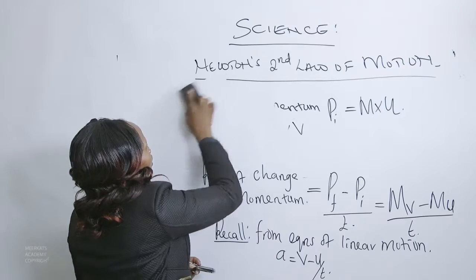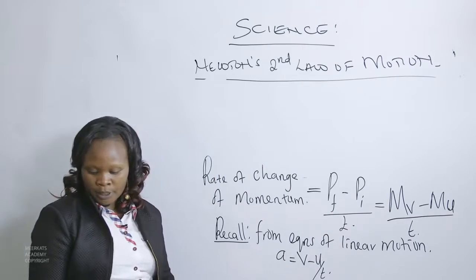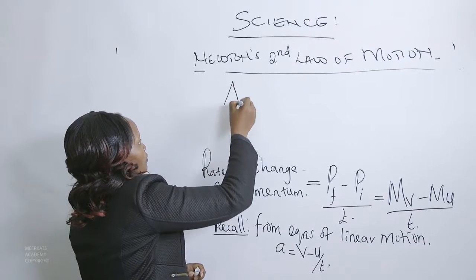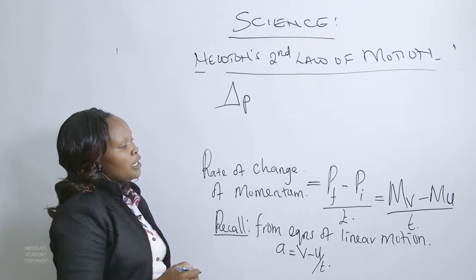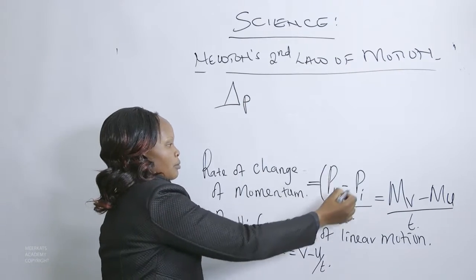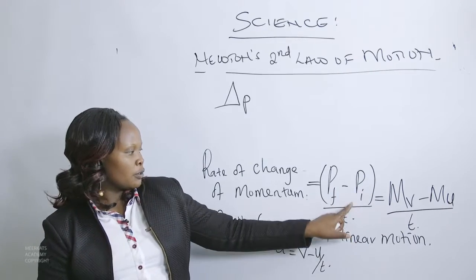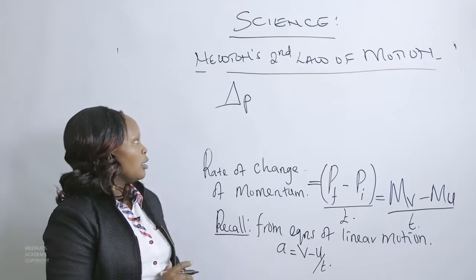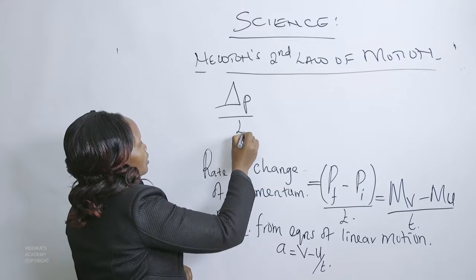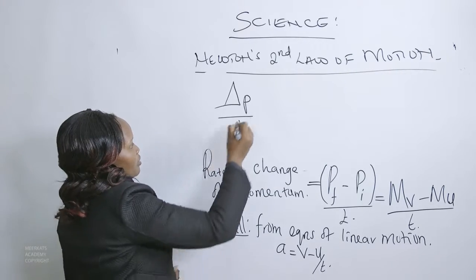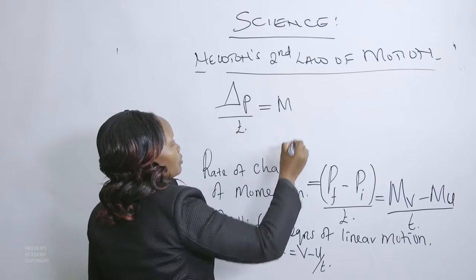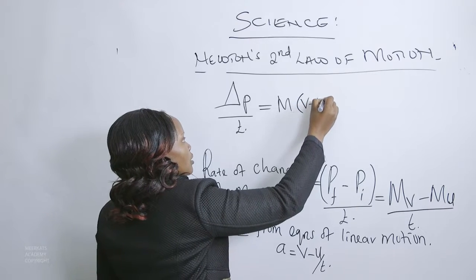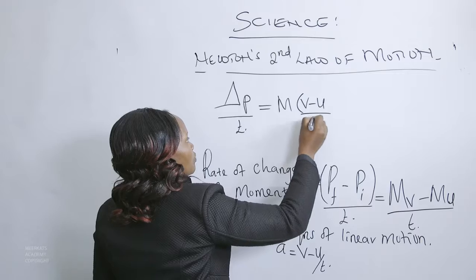Now, the change in momentum, we are going to call it delta p. Delta p is the change in momentum. That is the final momentum, and we subtract the initial momentum. And this one happens over a time t. Let us try and factor out m on our right hand side, so that now we have v minus u over t.